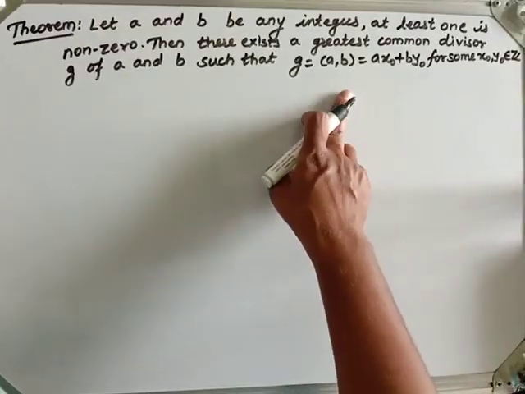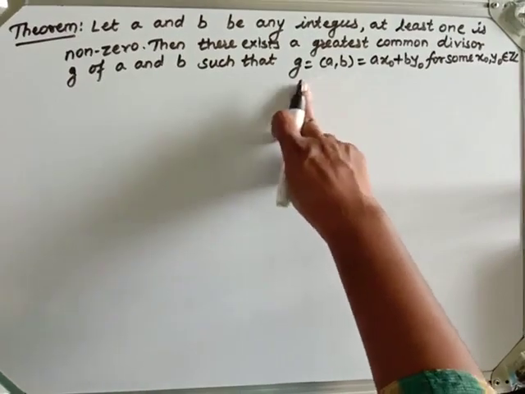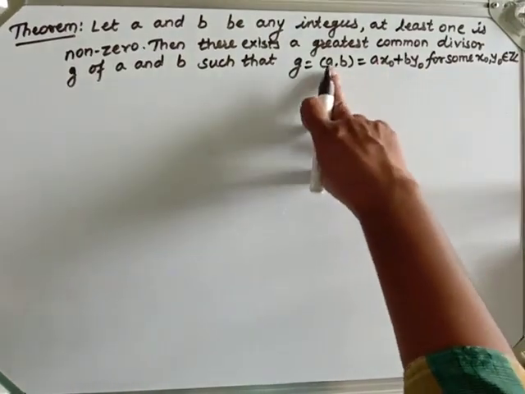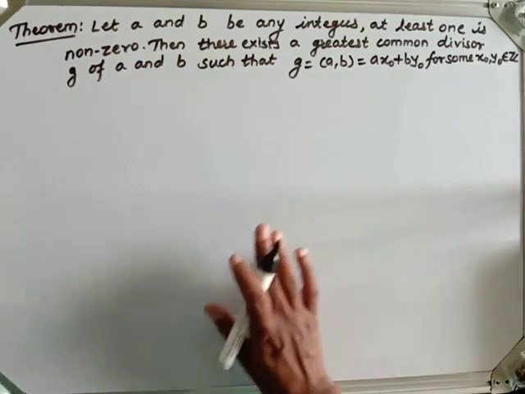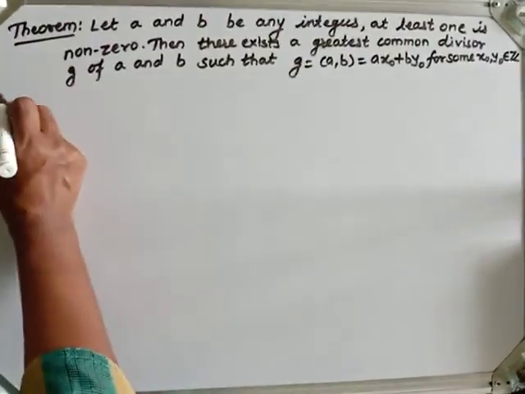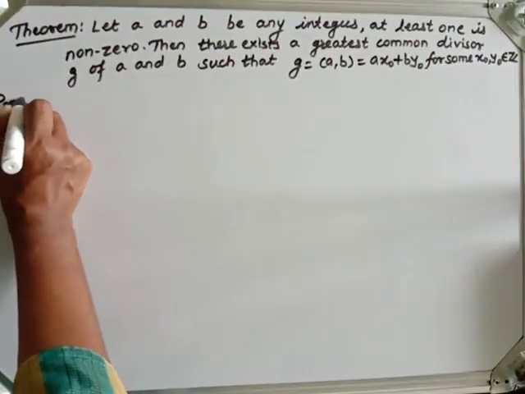The same thing I am saying: the GCD can be written as a linear combination of those numbers and some integers. Now let us prove this theorem.